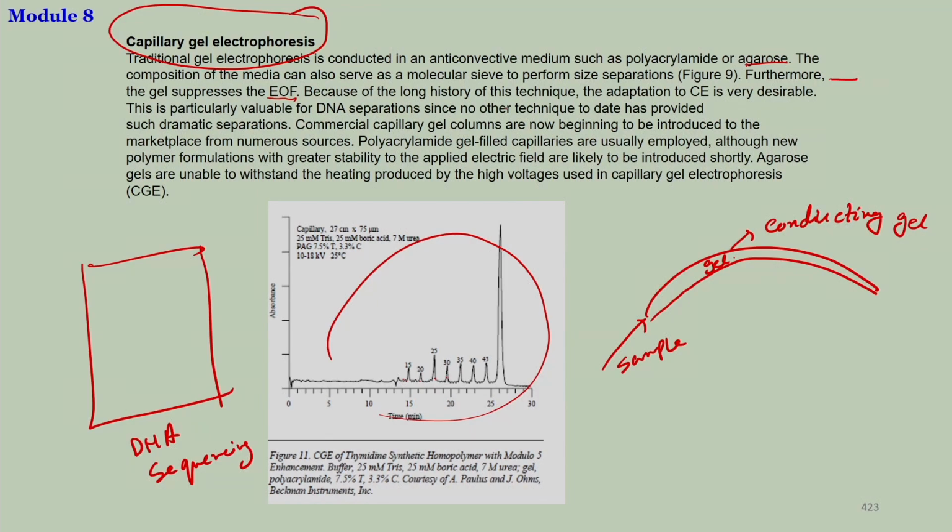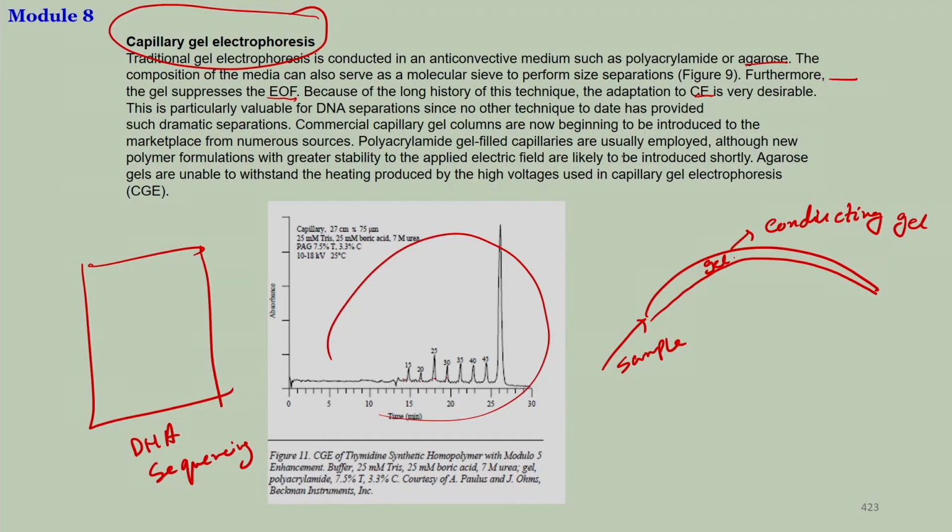Because of the long history of this technique, the adaptation to CE, capillary electrophoresis, is very desirable. This is particularly valuable for DNA separations, since no other technique to date has provided such dramatic, very fine separations actually. Commercial capillary gel columns are now beginning to be introduced to the marketplace from numerous sources.